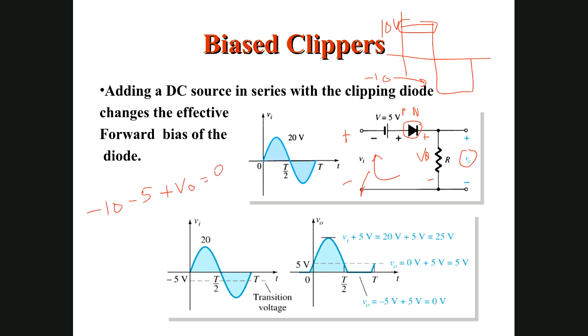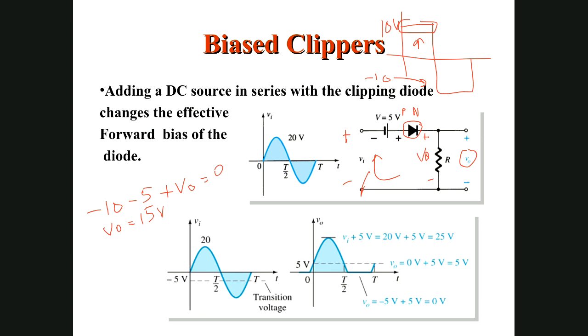So VO will be how much? We will keep VO on the left side, and all the other values on the right side to simplify. It will be 10 plus 5, that is 15 volt. So in the case of the positive half, when your input is 10, your output will be 15. That is all about the positive half.